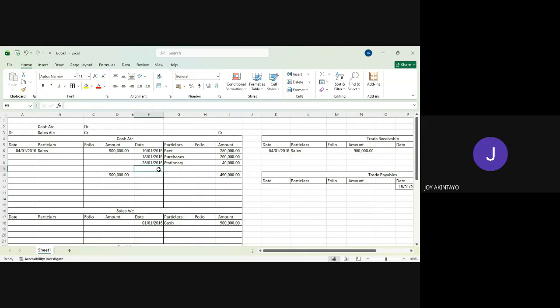So at the end of the month, we now say 31 1 2016. The difference between the debit side and the credit side is what is being represented by balance carry down. Are we together?